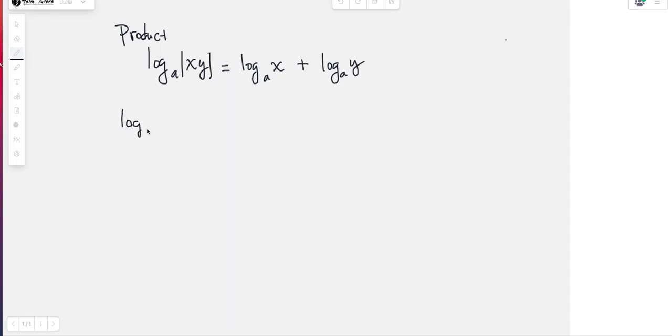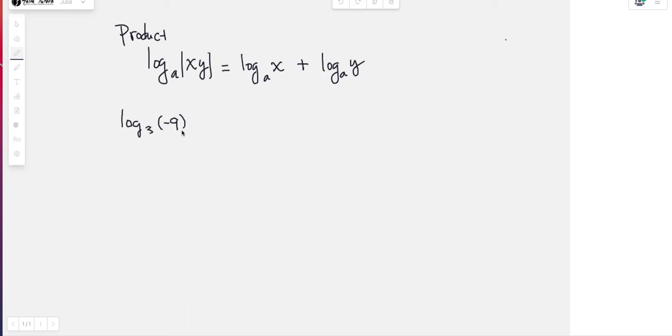It's okay. Log base 3 of, say, -9 doesn't make sense. First of all, what's log base 3 of 9? That's right.